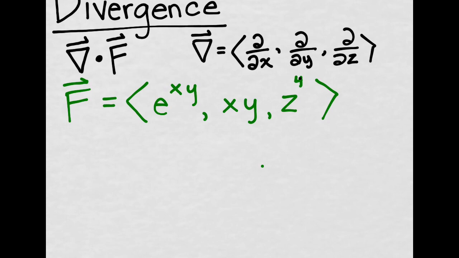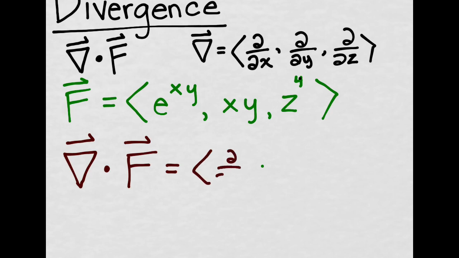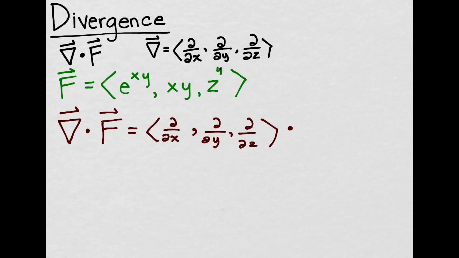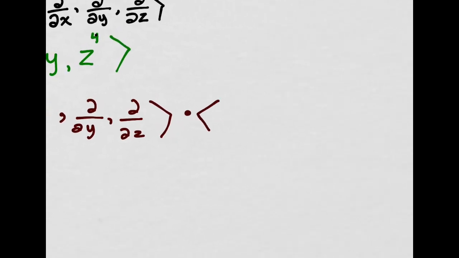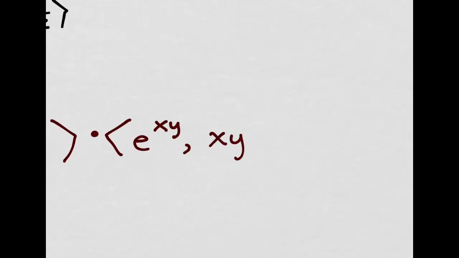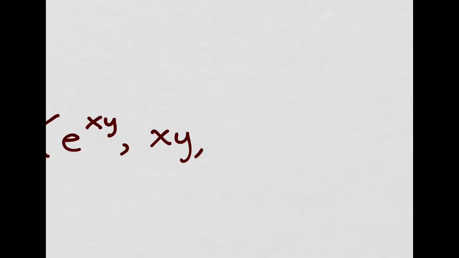In dark red. So for this particular case, the divergence of F is equal to, now let's write what del is, d/dx, d/dy, d/dz, dot for the dot product with the vector field e to the xy, comma xy, comma z to the 4.